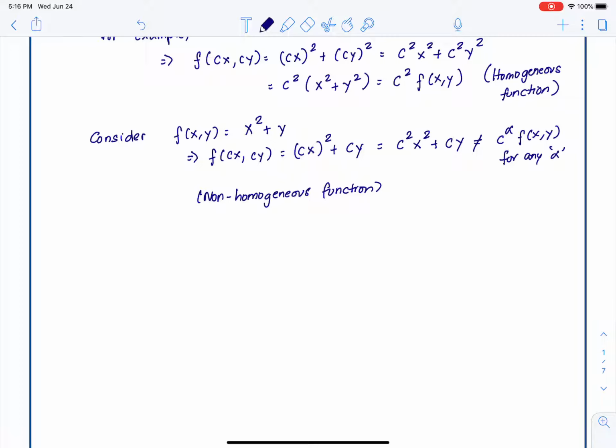So when we have differential equations, we could make a substitution in terms of homogeneous equations.